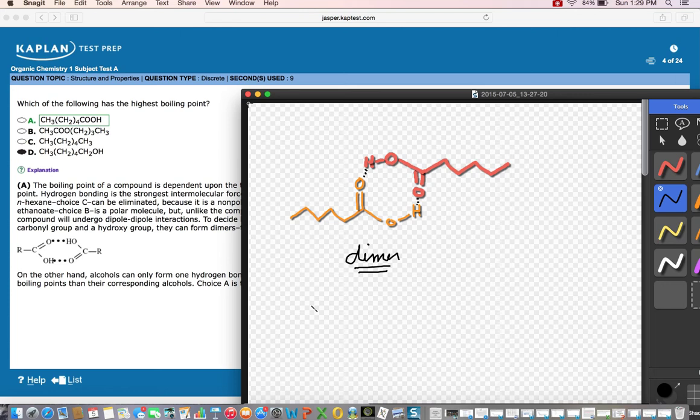For example, if I had acetic acid but I had octane, I would pick octane over acetic acid because octane has so many more carbons and hydrogens and thus so many more electrons. Here, if we look at all the answer choices, I have 6 carbons, 6 carbons, 6 carbons, 6 carbons. So we're making an equitable comparison, so then you go with the carboxylic acid functional group.